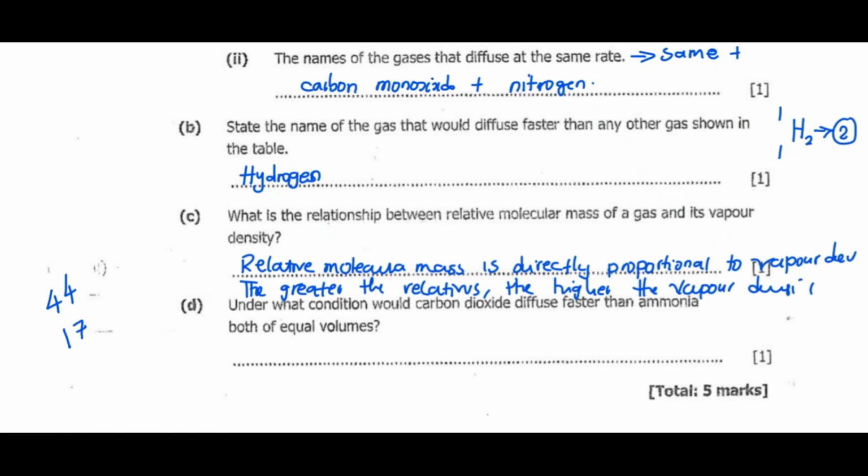So what we can do here is apply heat to carbon dioxide. We know that if the gas is heated, it becomes lighter, and as a result it diffuses at a faster rate. So say by heating carbon dioxide, or by increasing the temperature.